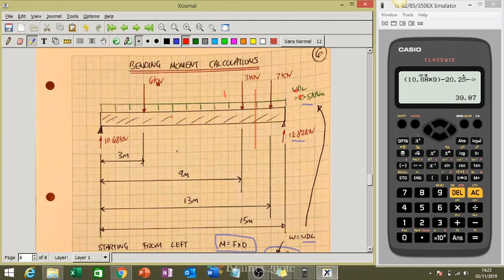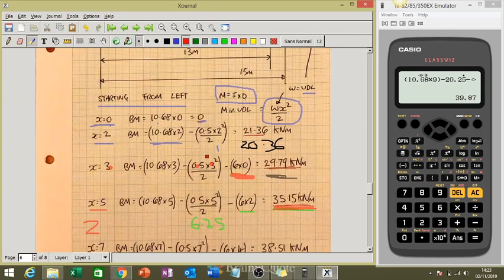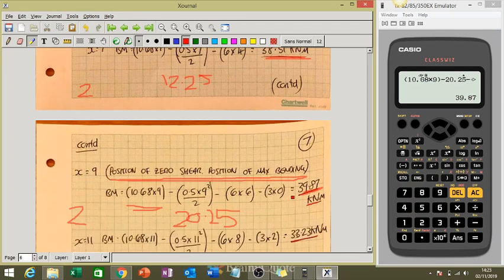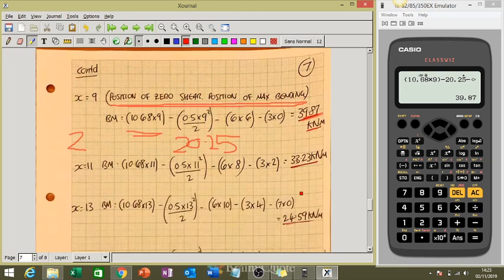So we've got the moment due to that, the moment due to this, the moment due to this, and the moment due to that UDL. Hopefully it's coming down, because the previous point should be our biggest bending moment. So that's the 10.68. There's my UDL, that's my 6, and there's my 3. All that's happening is that's going up by 2, that's going up by 2, which means 9 to 11, 9 to 11, up by 2, up by 2. Work it all out, and you should get that.